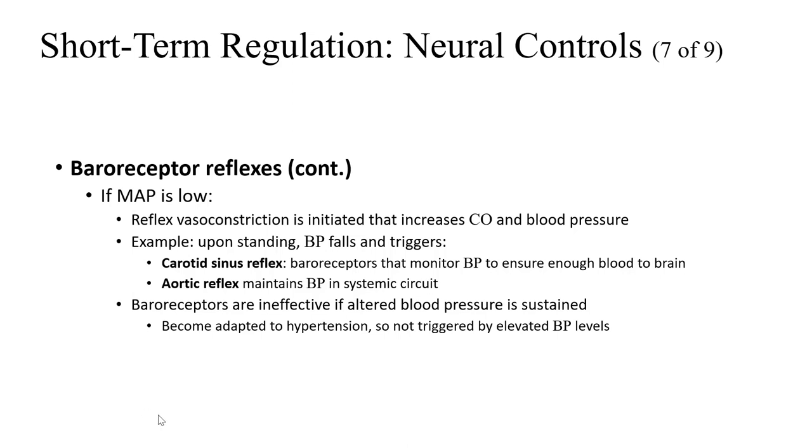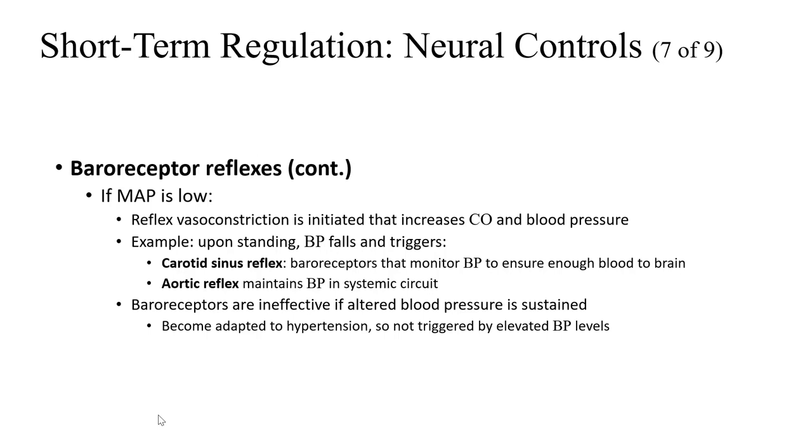So if your mean arterial pressure is low, that means your perfusion is low. What would the body do? Well, the body definitely would have to undergo reflexive vasoconstriction. This vasoconstriction is initiated, and that would eventually increase the cardiac output and blood pressure.